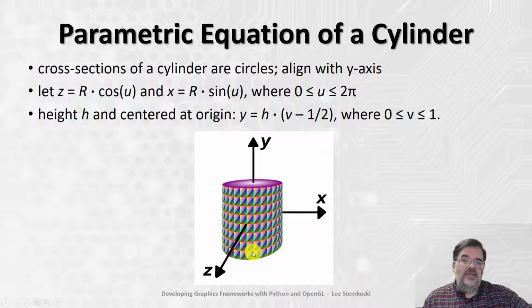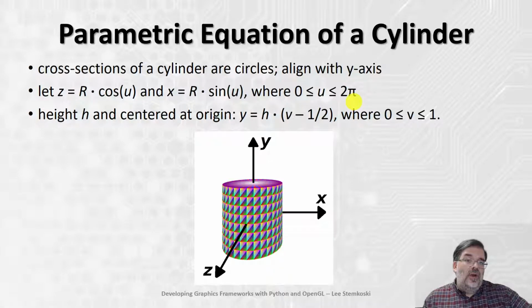And we'll have the same starting point as we did for deriving the equations for a sphere. Since the cross-sections are those of a circle, we'll start with the parametric equations of a circle of radius r. And those equations are z equals r times cosine u, and x equals r times sine u. And to do a full revolution around the circle, u must go from 0 to 2 pi.